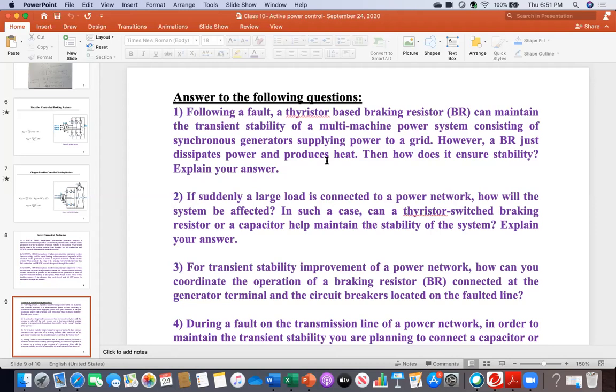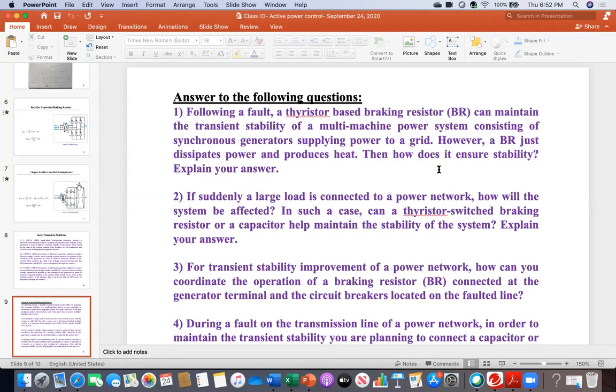A resistor is only satisfied with consuming and producing heat. It cannot do anything else. So while the component is getting heated up, how is it maintaining the stability? What is it actually doing? So explain your answer. How would you answer this question?